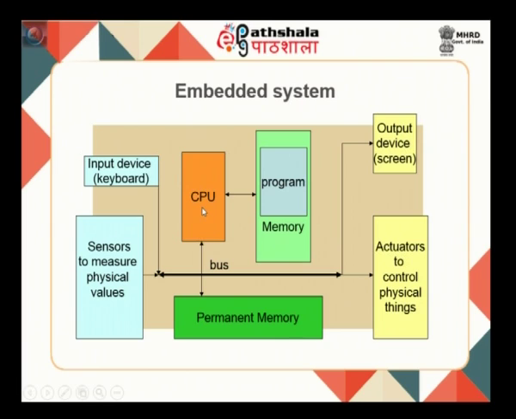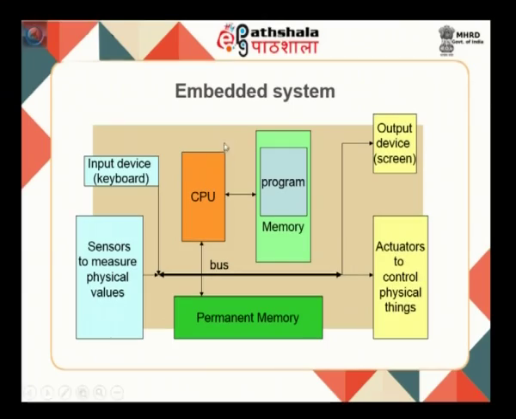Its capability is different; it may not be like your system processor. It may be an 8051 small microcontroller, an Atom processor, or Intel higher-end processors, anything you can have. But it is dedicated for that specific purpose.